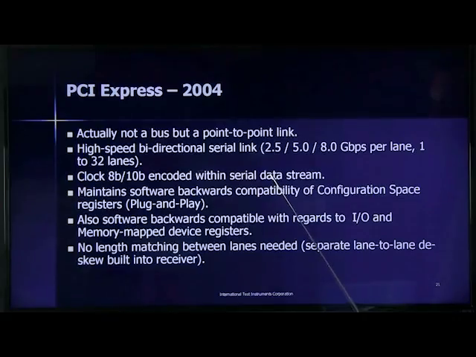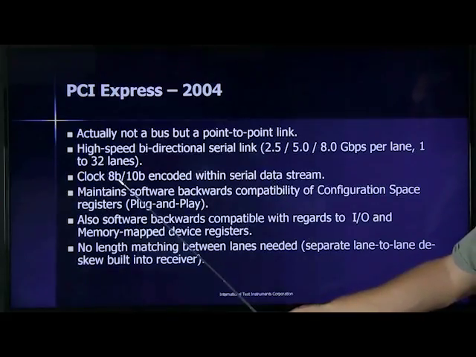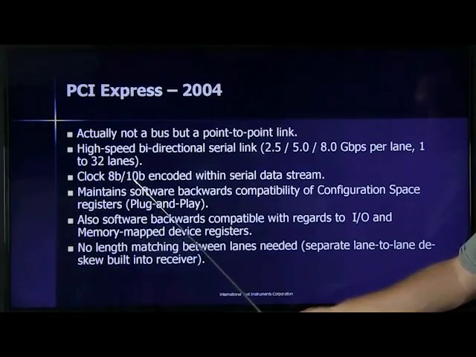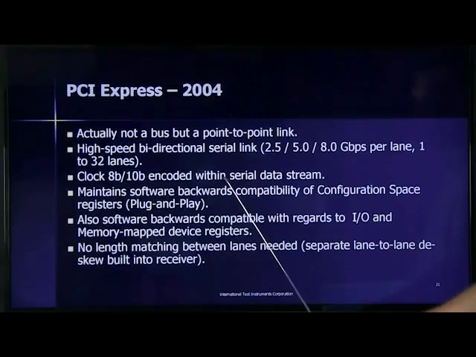And the way this is done is through a clever encoding of the data using an 8B/10B encoding algorithm, which was actually created by IBM back in 1984 and used in Fibre Channel and other serial link protocols. So the 8B/10B encoding was simply reused within PCI Express. It was proven and it worked well.